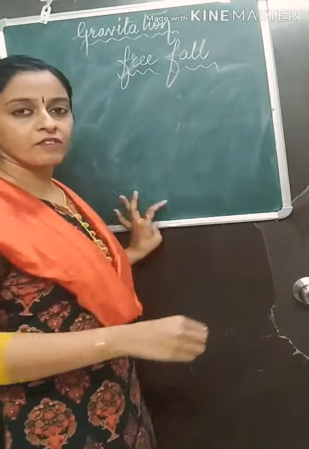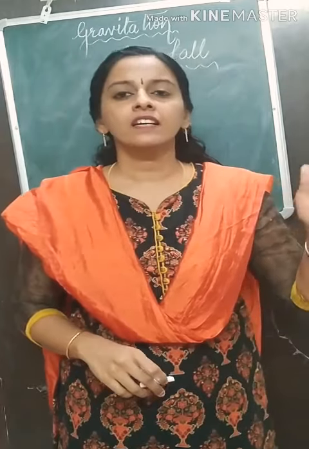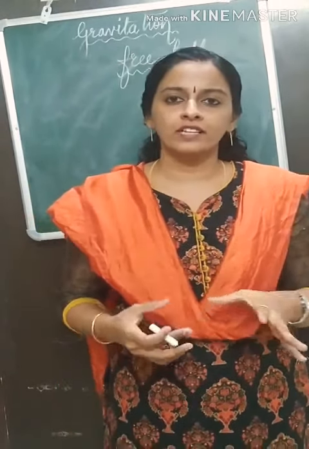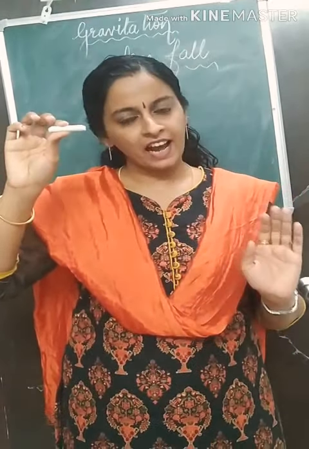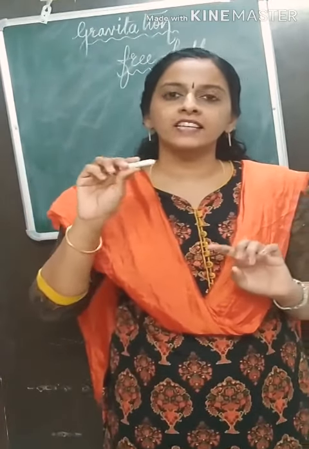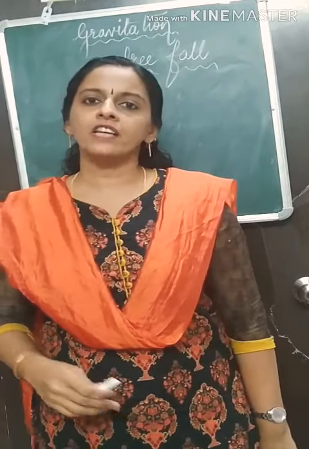So what is a free fall? If an object is acted upon just by the gravitational force of the earth, that kind of motion is called free fall. When an object is acted upon by gravitational force alone, it is called free fall.